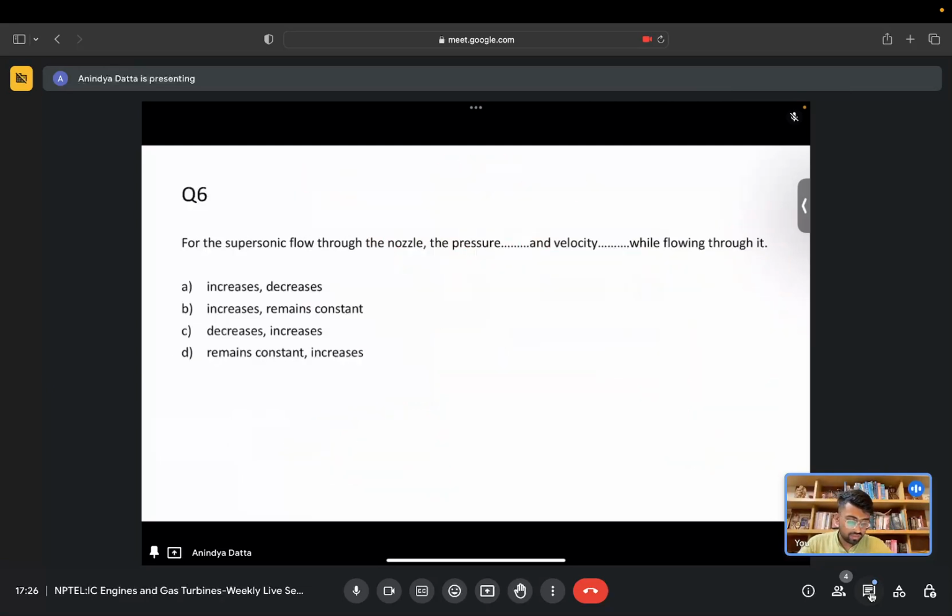Okay, so moving on, in question 6, for supersonic flow through the nozzle, you have to fill in the blanks: what happens to the pressure and velocity while flowing through it?